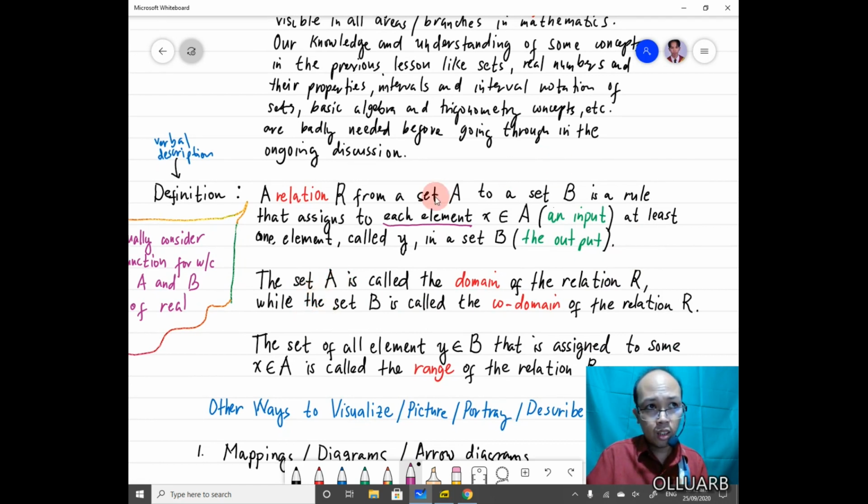The set A here is called the domain of the relation R, and the set B is called the codomain. Some authors do not put emphasis on this word, the codomain. I don't know why they forget to define this word.